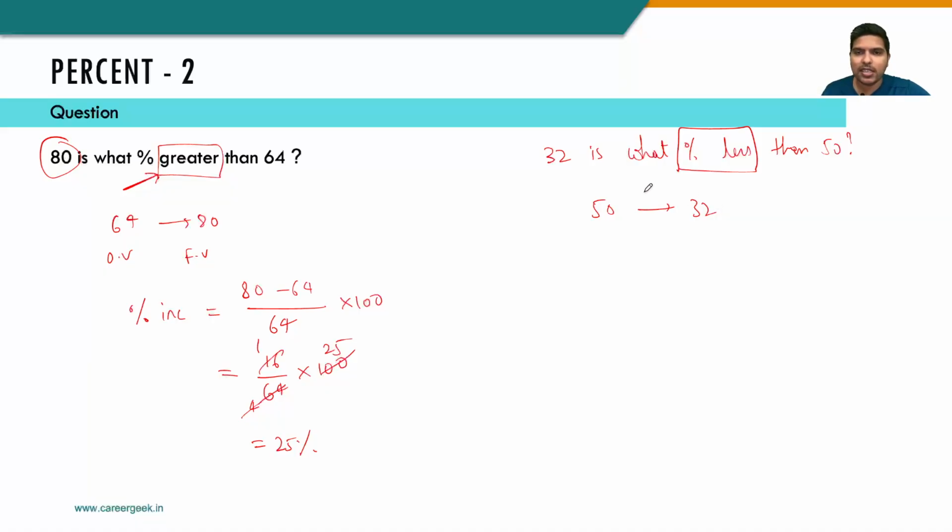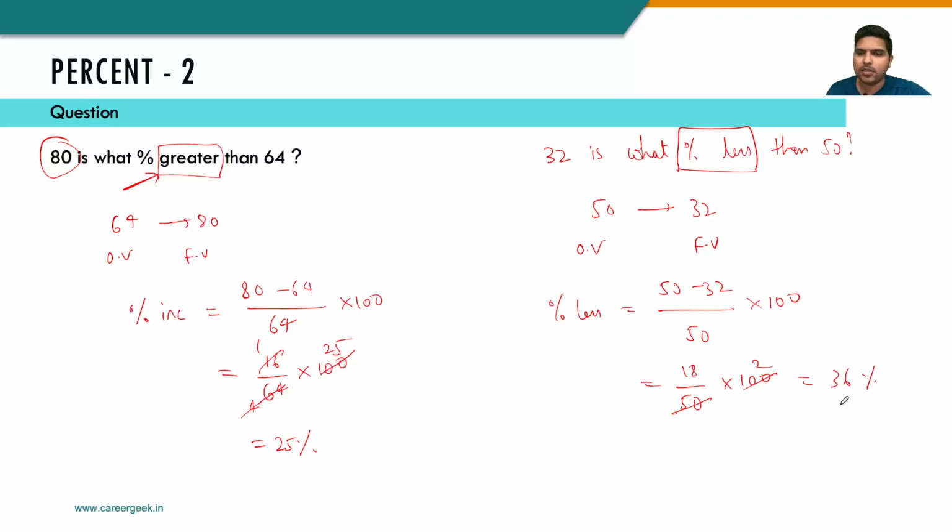The percentage decreasing. What becomes your original value? Which is the higher value. Percentage less or decrease is the difference. Difference is always positive upon original into 100, right? This cancels 2 times and this is 36%.